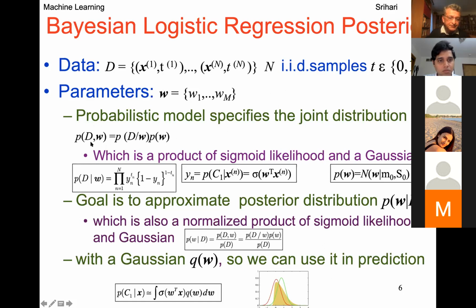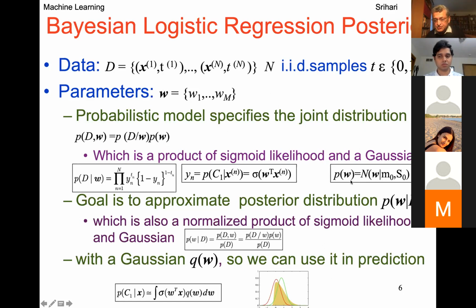That is an uncontroversial statement, expanding a joint by means of a conditional and a marginal by the product rule of probability, which is a product of a sigmoid likelihood and a Gaussian. In the Bayesian logistic regression case, the weights are going to have a Gaussian distribution of this form.